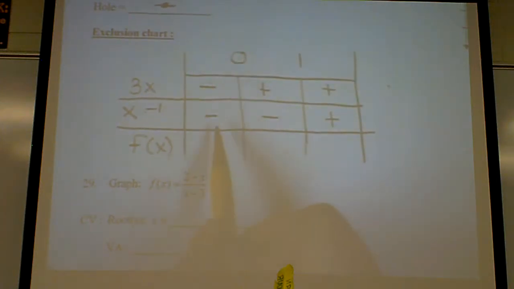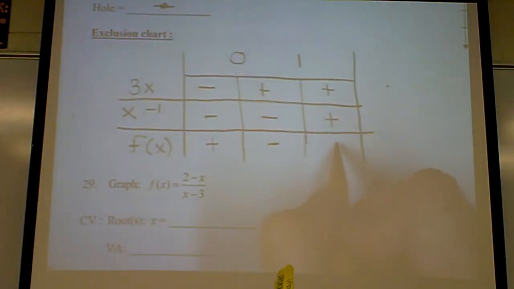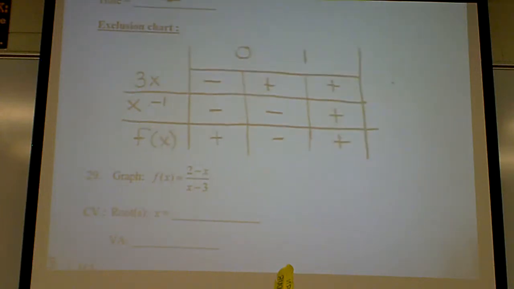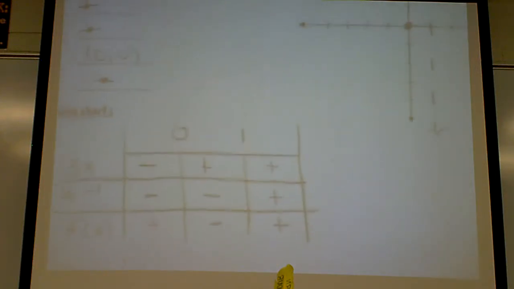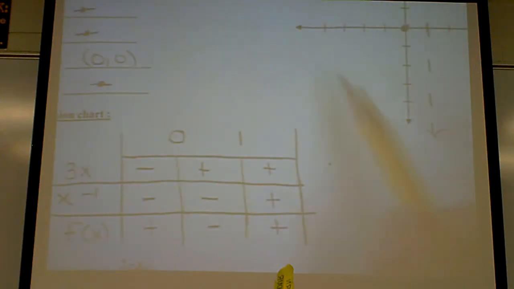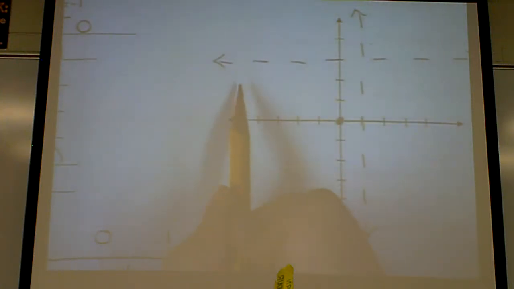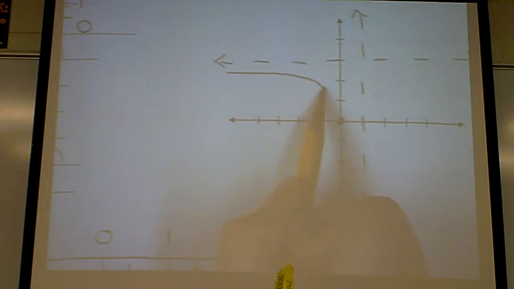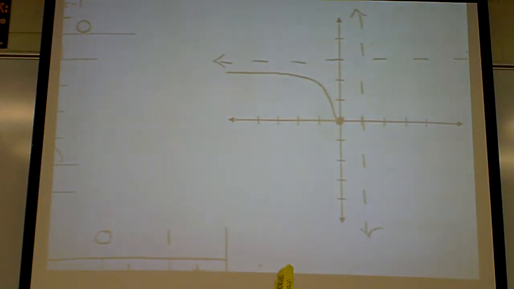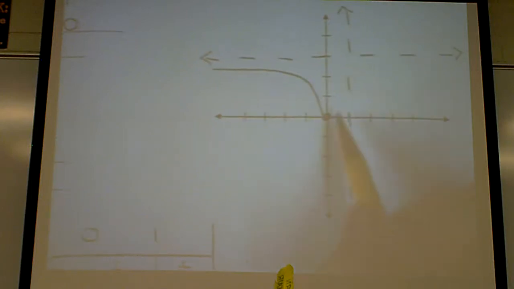So let's add these up. 2 negatives is a positive. There's 1 up here, it's a negative, and positive. So from negative infinity to 0, we are positive. It's going to look like this. And from 0 to 1 is negative. Do something like this.